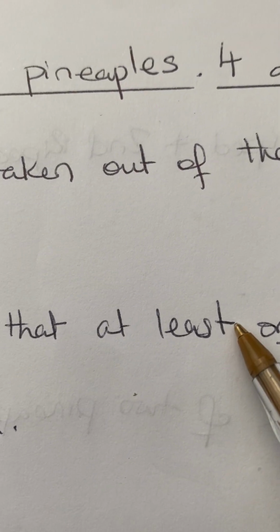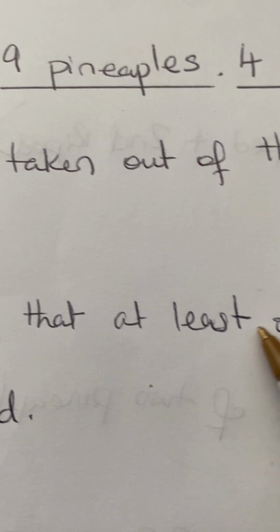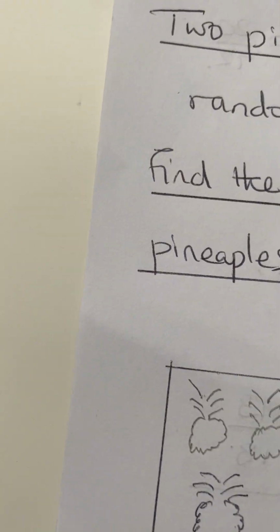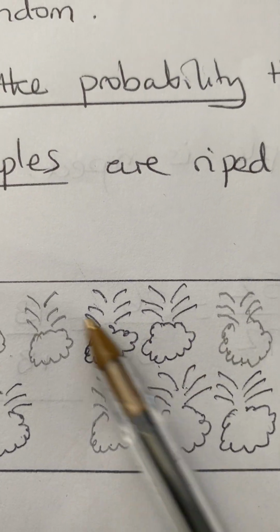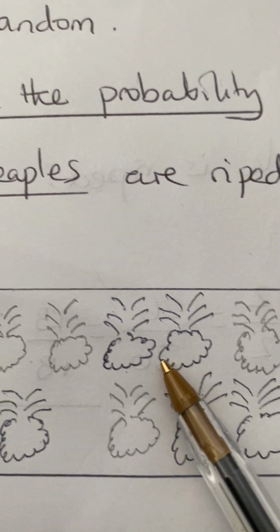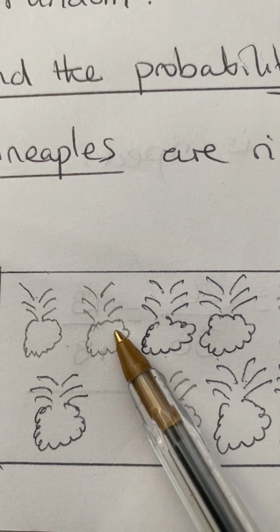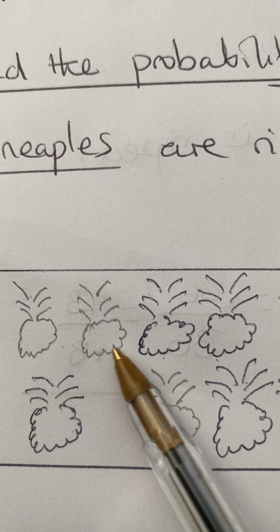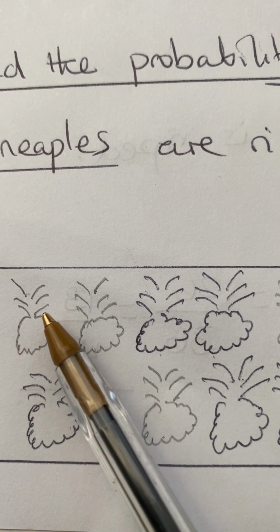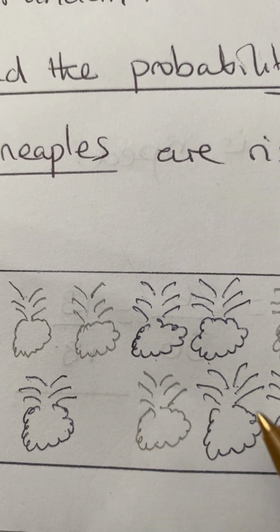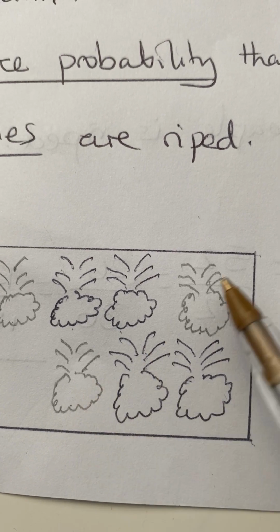So at least here means, okay, now let me not go ahead of myself. This diagram was not given to you, so I use a pencil to draw my pineapples. This is my 1, 2, 3, 4.